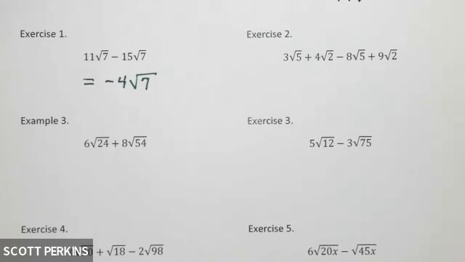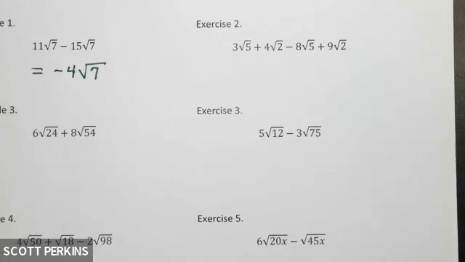All right, exercise 2 is just expanding our universe a little bit. So now we've got different things, we've got decisions to make, what are like terms and what aren't. So do exercise 2, please.